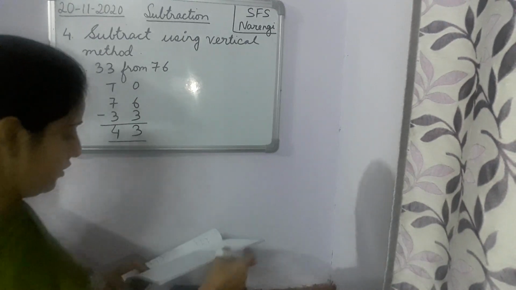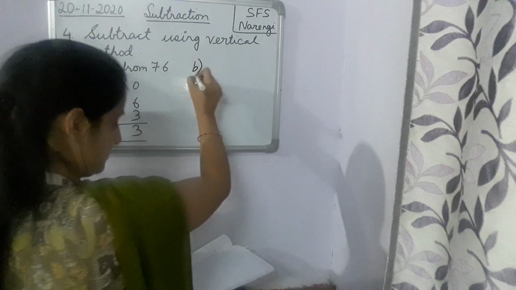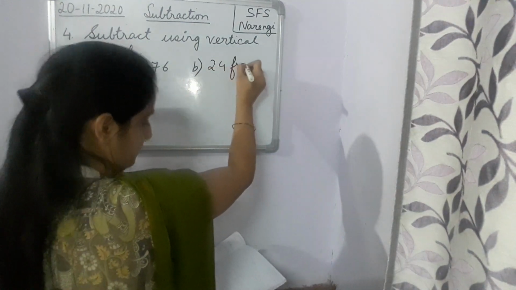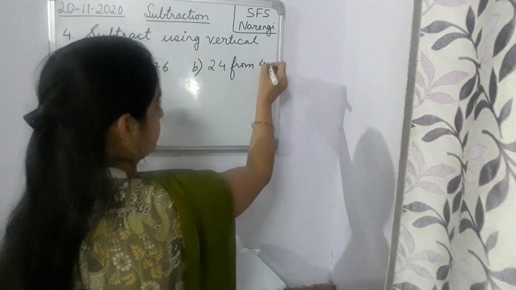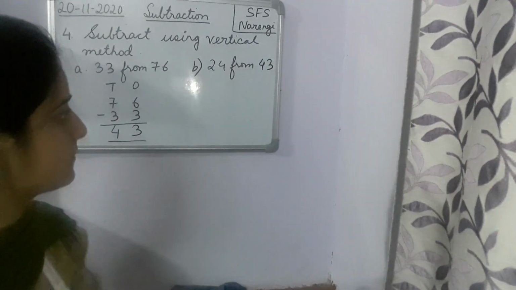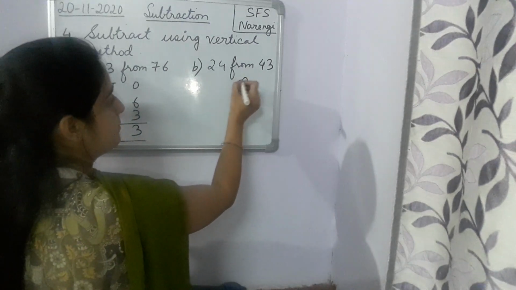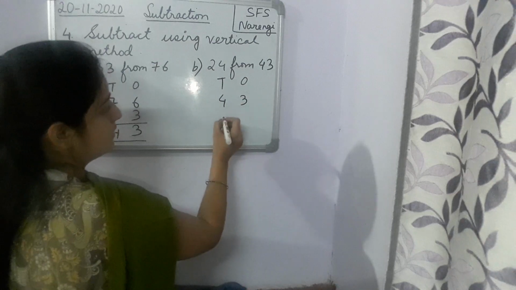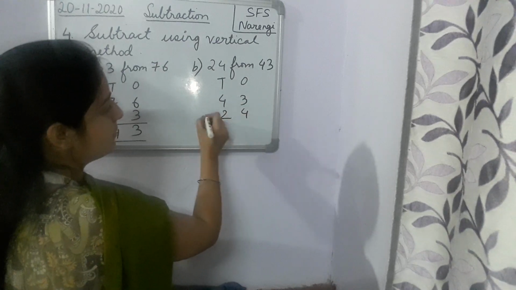Let's do it one more. 24 from 43. So 2-digit number, bigger number will come here, then smaller number below the bigger number.